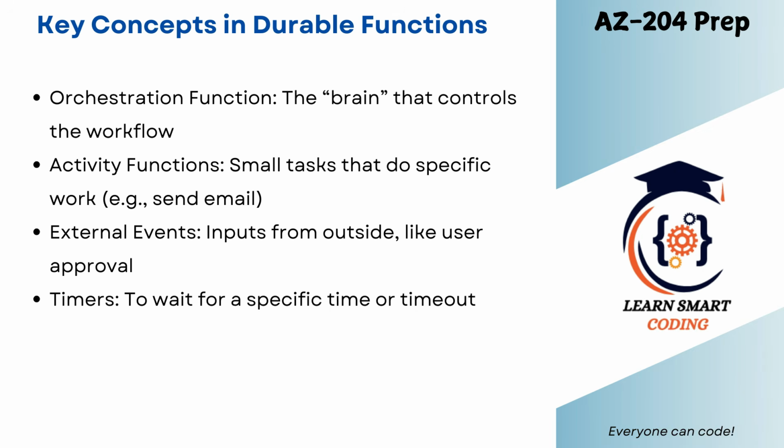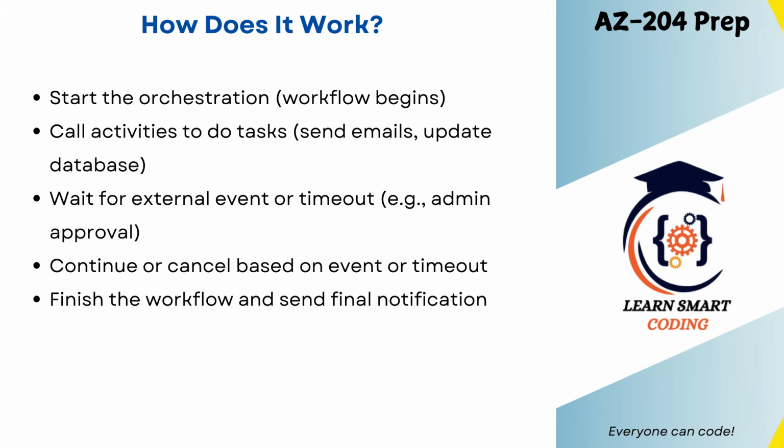The key concept is orchestration, so it's the brain that controls the workflow. It can do a couple of small tasks, it can wait for each one to complete, it can do so many things. And how does it work? We start the orchestration, that's the workflow beginning, and we call the activities to do the tasks, like sending email, updating database, they're all called activities.